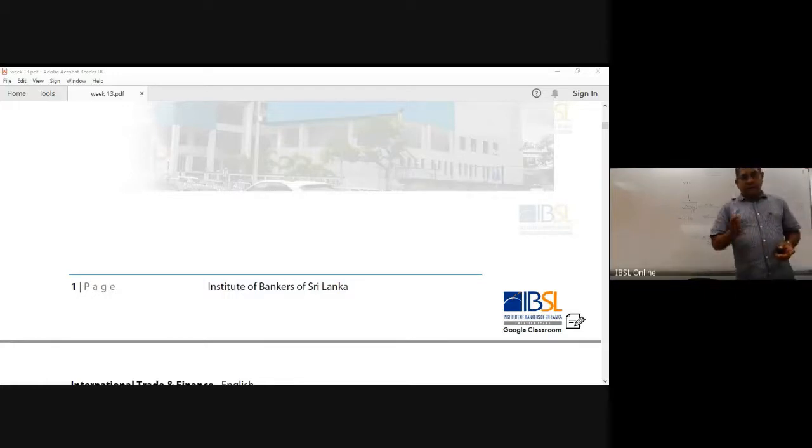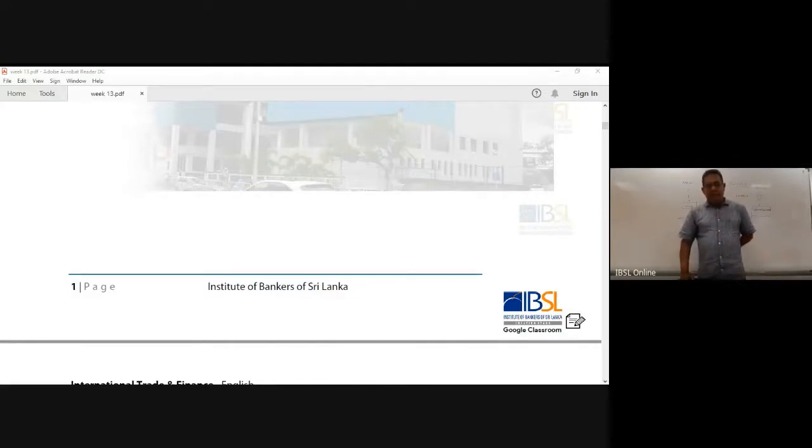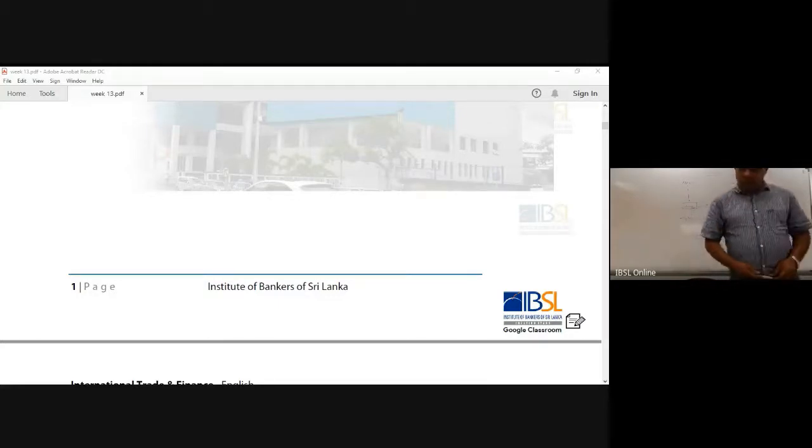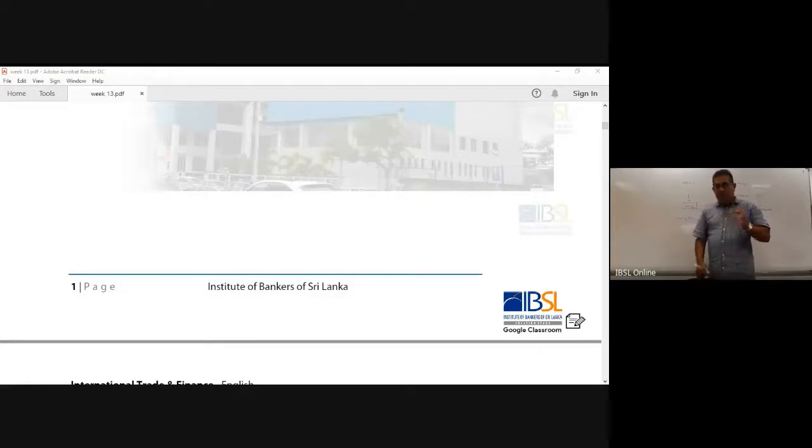If the credit is available by, so there are 5 points. If the credit is available by, Roman 1: sight payment, deferred payment.